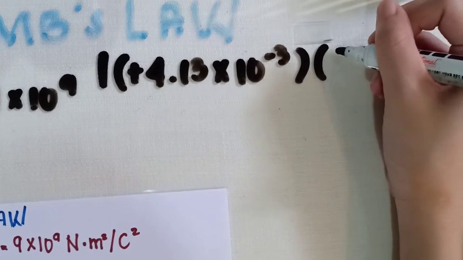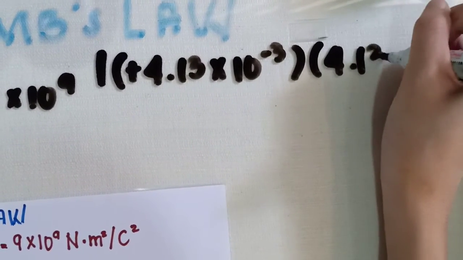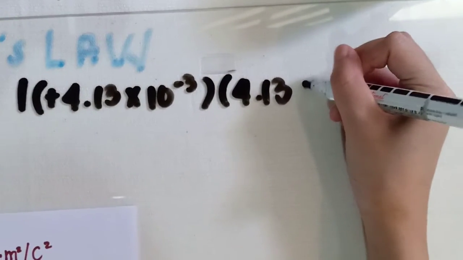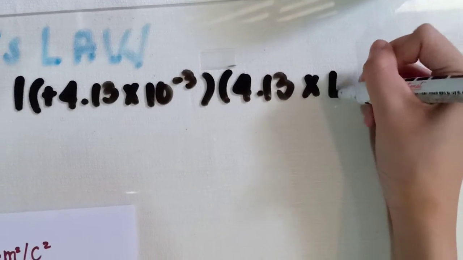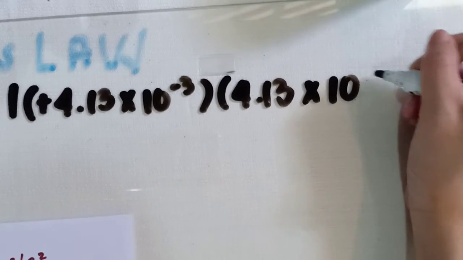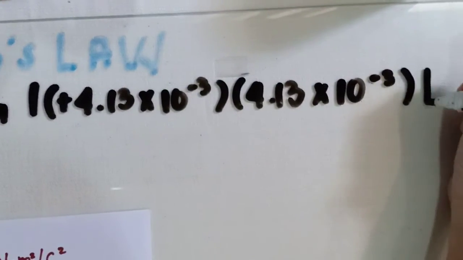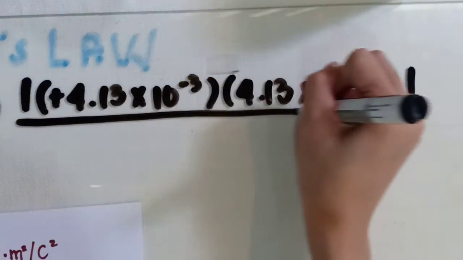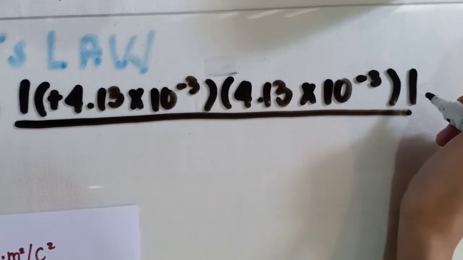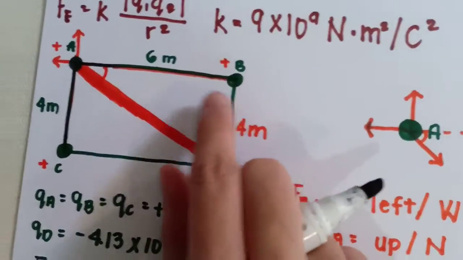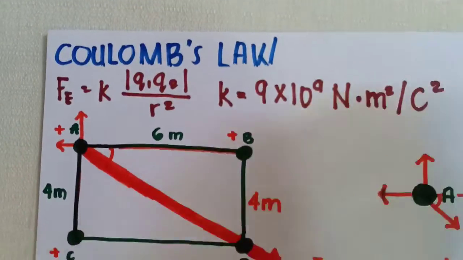Then 4.13 times 10 to the power of -3, absolute value, all over R, which is the distance. So distance of B to A is 6 meters.